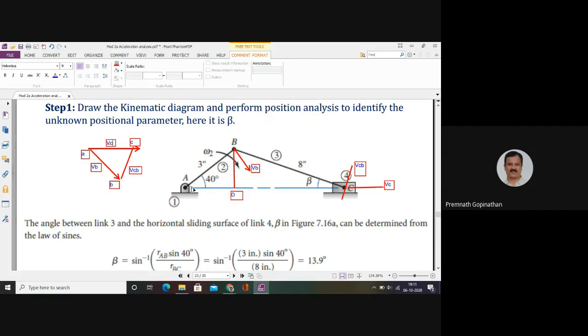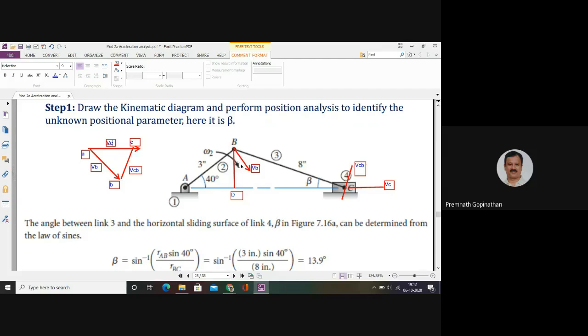Why? Because if I consider a line AB inclined to the horizontal at 40 degrees, and consider a perpendicular to that line AB and find the inclination of that perpendicular with respect to the vertical, you'll get the same inclination that you have for the horizontal.